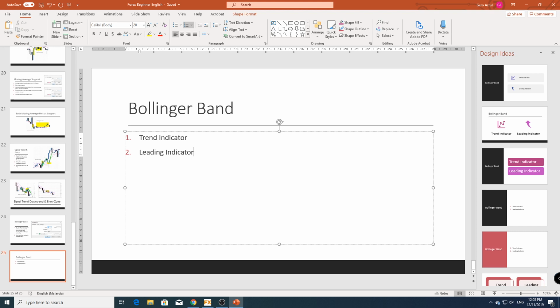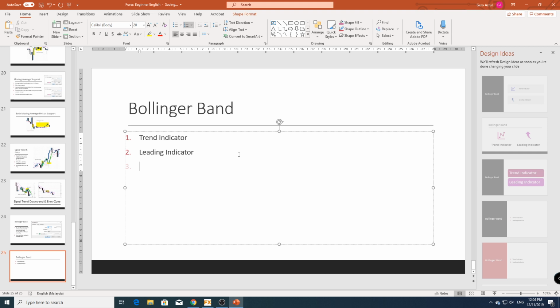The Bollinger Band is a trend indicator and a leading indicator. Third, it is used to show the change of trend, from downtrend to uptrend and from uptrend to downtrend. And number 4, it also shows the trend strength.